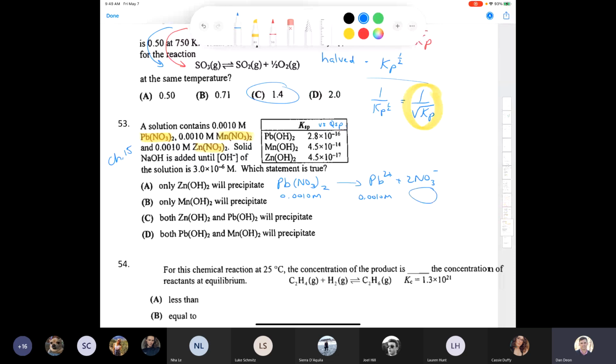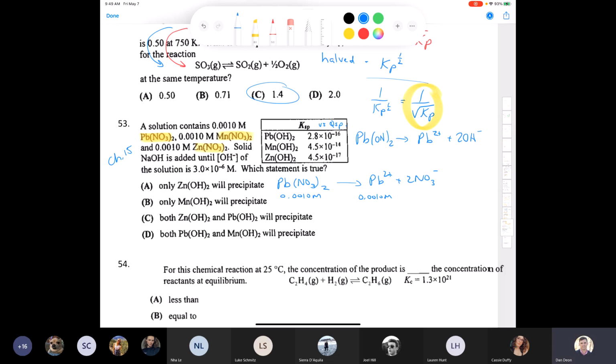It's 0.0020, but that's neither here nor there, because when we go to calculate our QSP of lead 2 hydroxide, manganese 2 hydroxide, and zinc hydroxide, the KSP, let me write it out like this. The QSP for lead 2 hydroxide, so lead 2 hydroxide dissociates to give you lead, not palladium, I got palladium on the brain here, plus 2 hydroxides, like that.